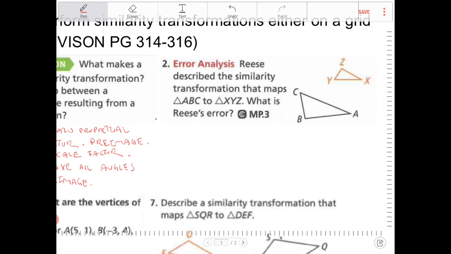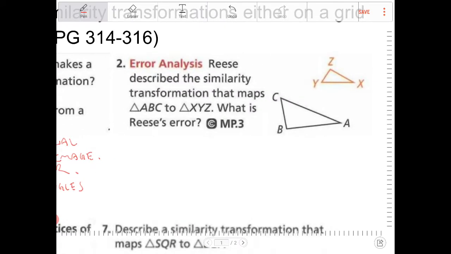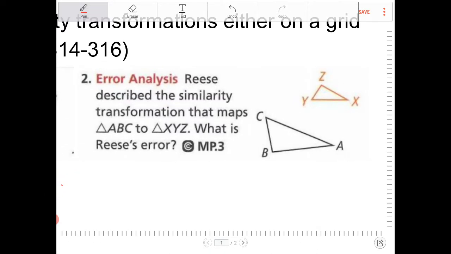Okay. Question 2, error analysis. Reese described the similarity transformation that maps triangle ABC to triangle XYZ. What is Reese's error? So remember, the orientation matters greatly. So we're going ABC, in this case clockwise, and then here we have XYZ, also going clockwise.